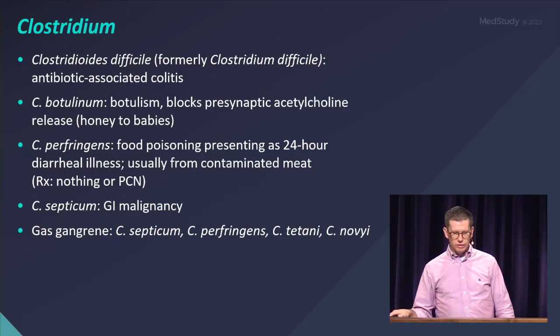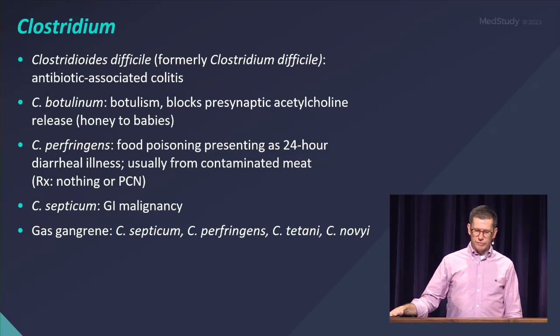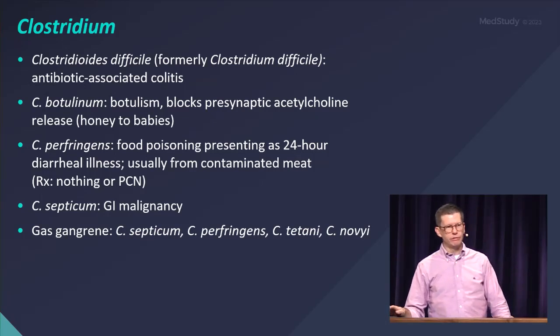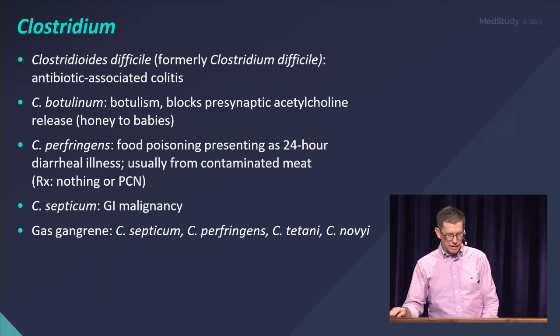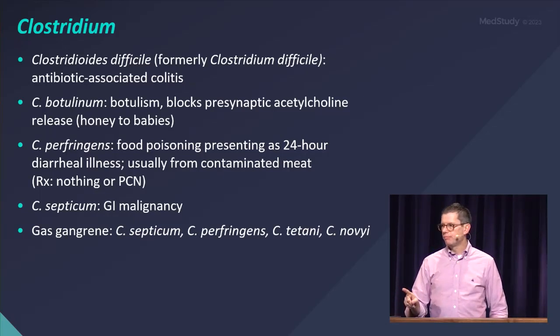Clostridioides, so also known as Clostridioides difficile, right? So that's the antibiotic associated. They're going to give you a clue that the kid has C. diff infection. Usually it's going to be exposure to antibiotics recently. But then we also have C. botulinum, right? So botulism, that blocks the presynaptic acetylcholine release. So this is the honey to babies. It can be from foodborne illness. It also can be wound in origin.